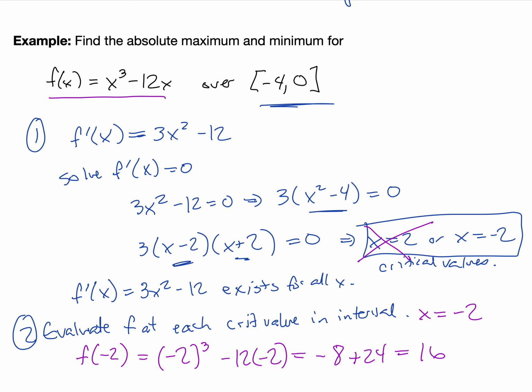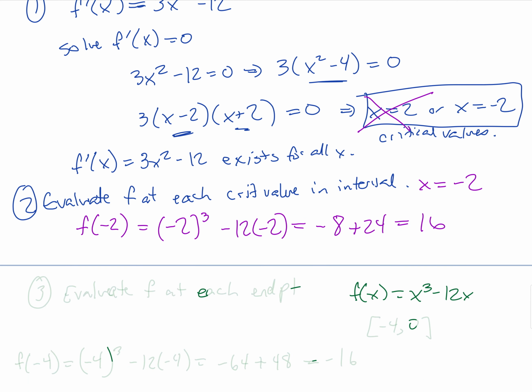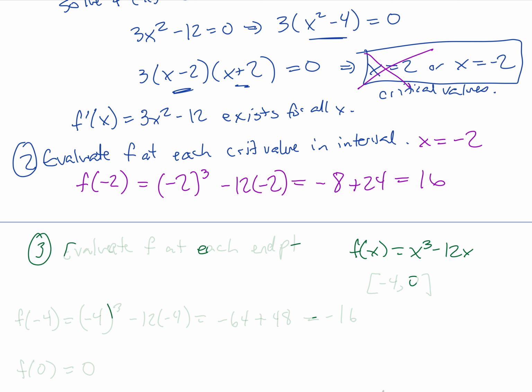Okay, now we also need to, next step, step 3, evaluate f at each endpoint. So this was our function f of x equals x cubed minus 12x over the interval from -4 to 0. So -4 and 0 are our two endpoints.